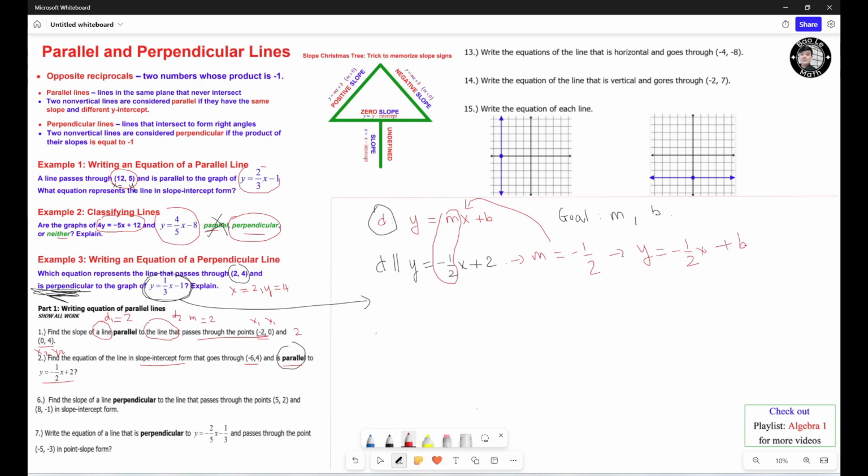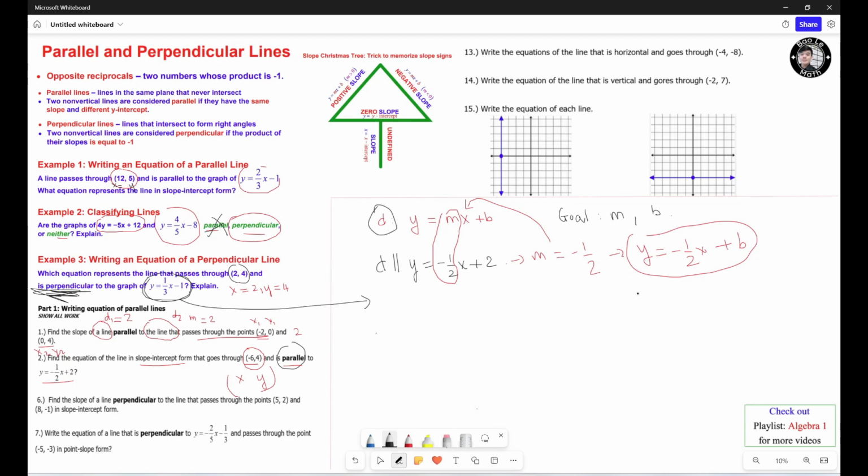Now we need to solve for b. Now there is information that you haven't used, which is -6 and 4 right here. Because this line right here passes through this point. So this is s, and this is y. Alright, you substitute this guy, s equals -6, y equals 4. Substitute into this equation and you solve for b.